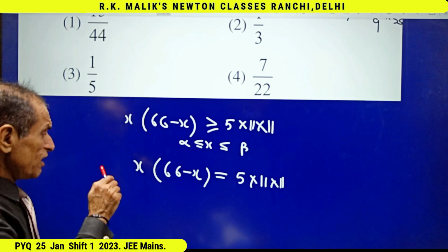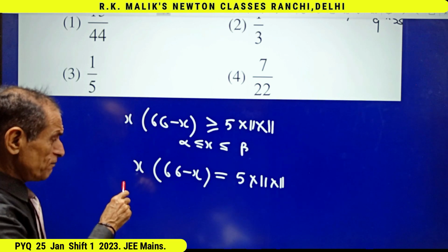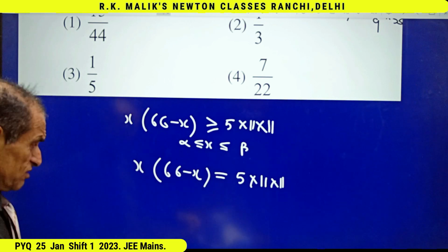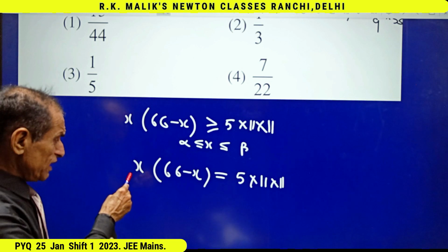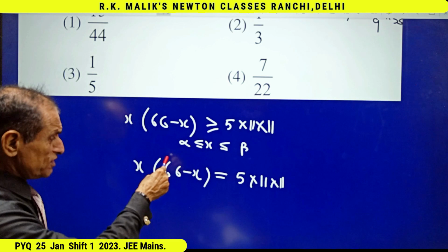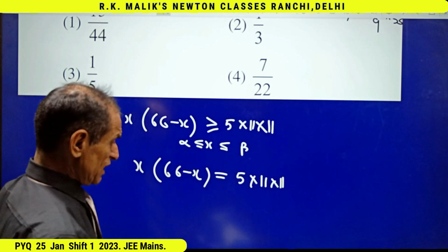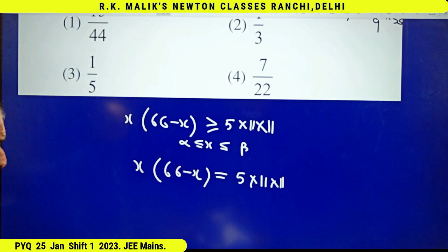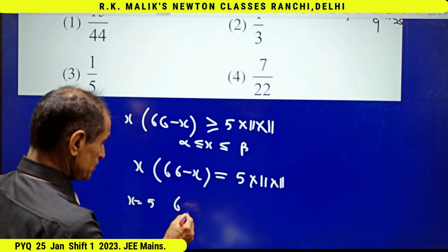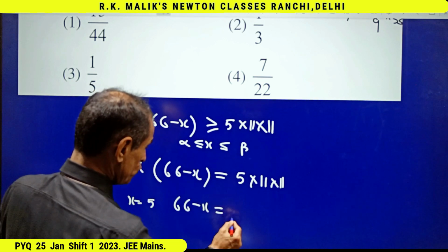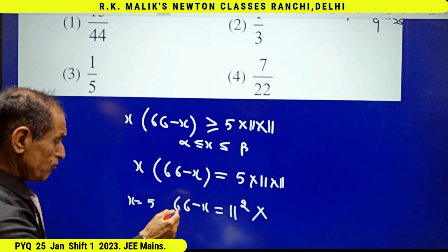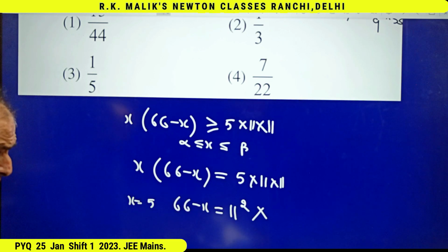It means I have to find an integer value of x so that the product of x and 66 − x is this. It's clear that if I take the value of x as 5, then I would have to take 66 − x as 11², which is not possible, because in that case the left hand side will become 61.